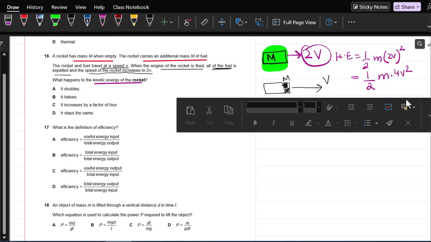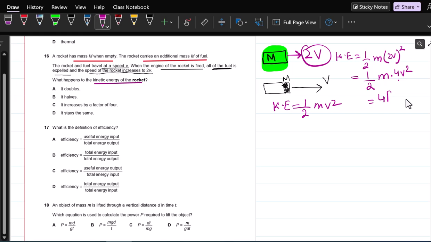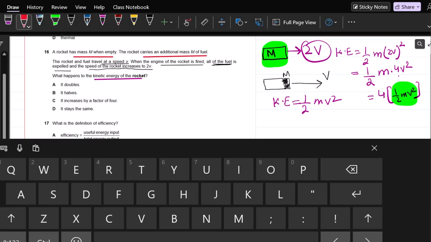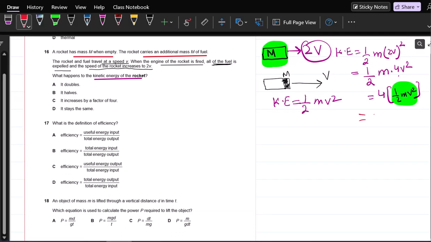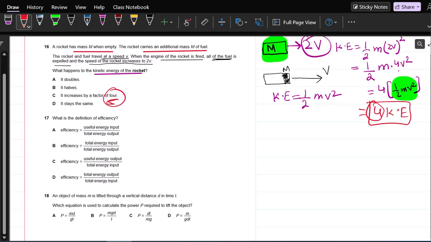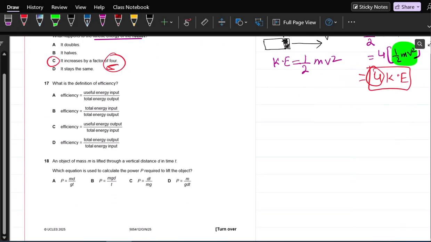If I take out this 4 as a common, what is left? 1 over 2 mv square. This term is kinetic energy. So I would say it is 4 times the kinetic energy. So it doubles, no, it halves, no, it increases by a factor of 4. You can see this is a factor of 4. So kinetic energy increases by a factor of 4. Question 16, C option.